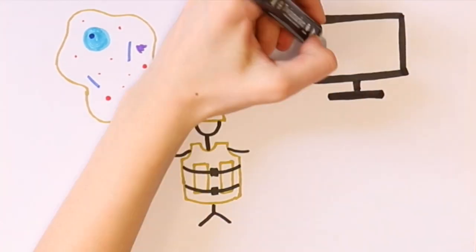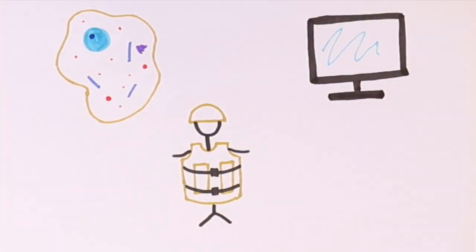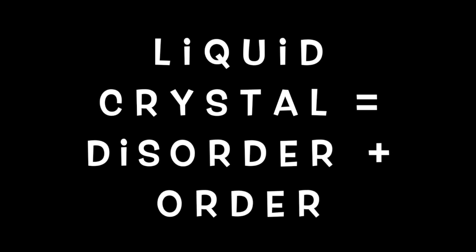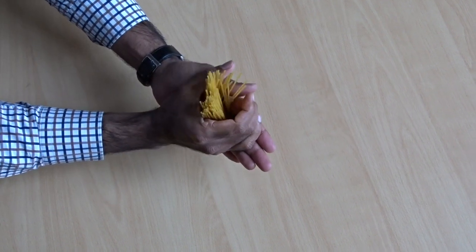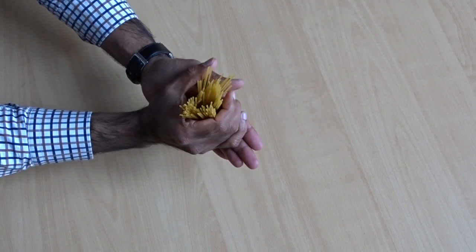Well, that tells you that the active material in your laptop or TV display, if it's an LCD, is a liquid crystal. In a nematic liquid crystal, the molecules are disordered in position, as in ordinary liquids, but they have orientational order, meaning that they line up more or less along a single direction, as in this bundle of spaghetti.